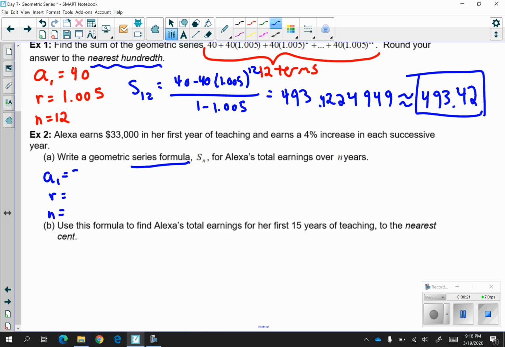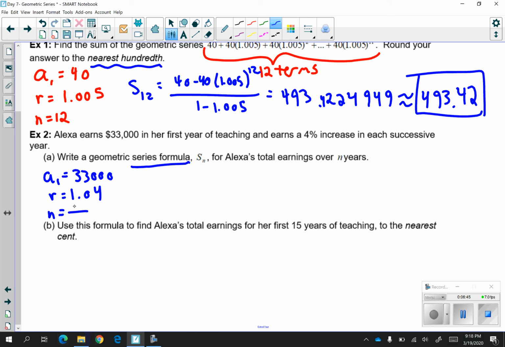Your first term is the $33,000 that she makes her first year. The R is not 0.04, right? Because you're increasing, so you need a 1 plus R, 1 plus 0.04. So R, your common ratio, is 1.04. And we're talking about n years. So we actually don't have what n is.